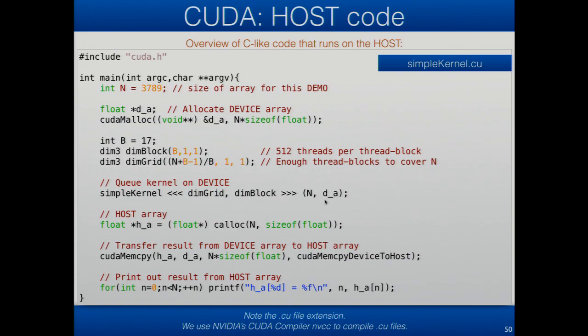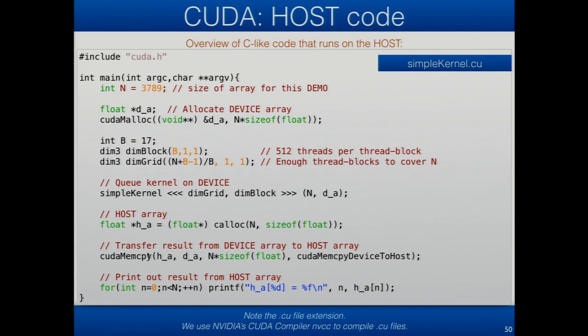Notice we should only pass in device pointers to the device. It's pretty stupid to give it a host pointer because it's in the wrong physical memory space. Now, we've actually just queued that up, but we're going to do a CUDA memcopy, which is a blocking call.